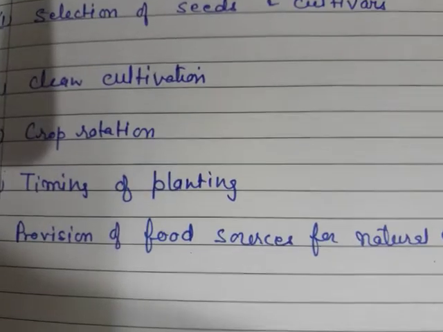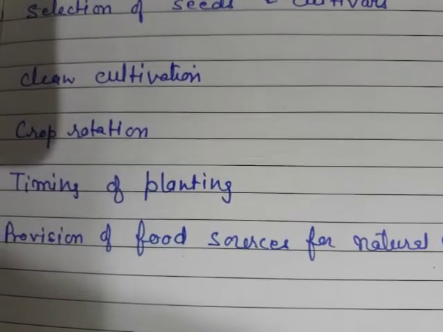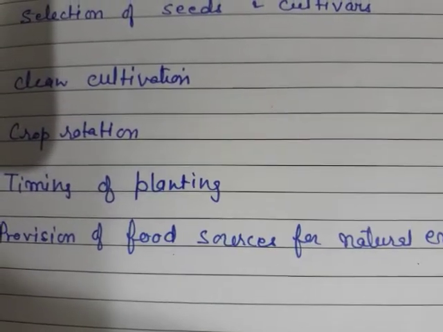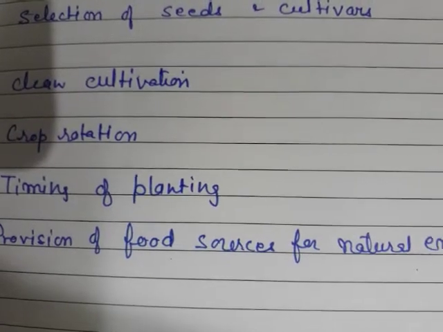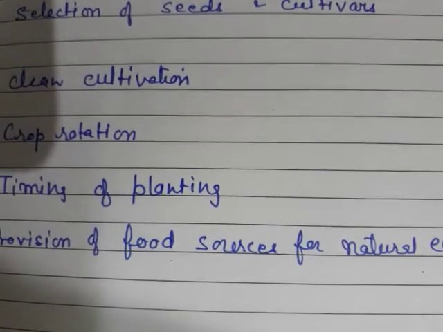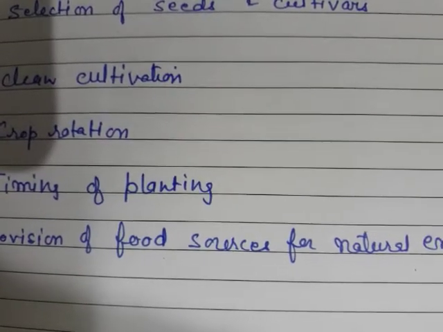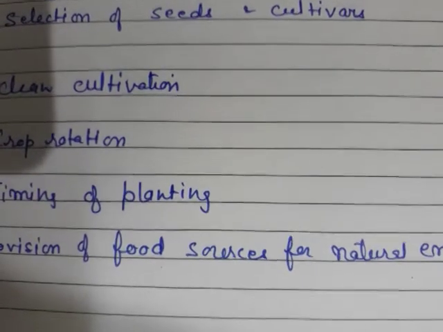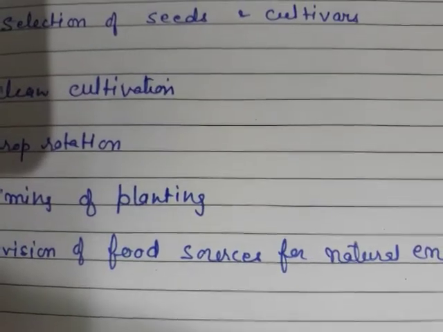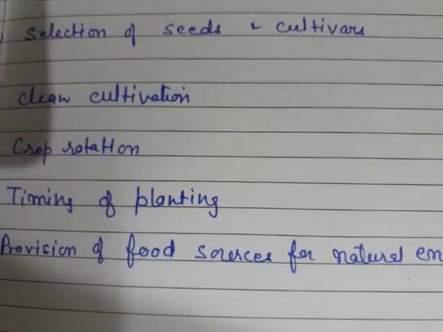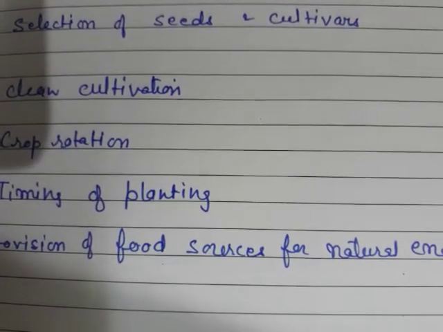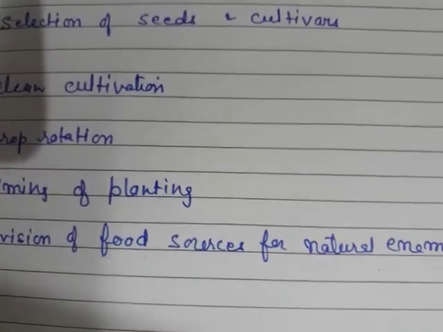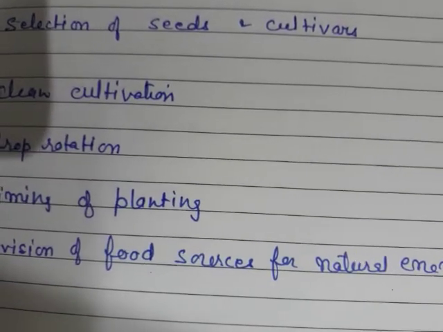These food requirements may be provided to support natural enemy populations by encouraging deliberate development of certain wild vegetation habitats near plantation of the crop. So this is provision of food sources for natural enemies.